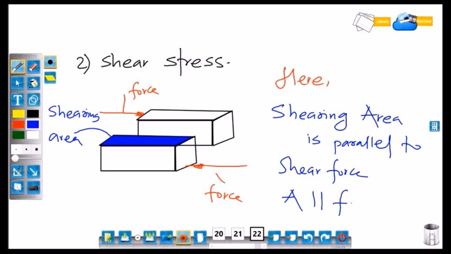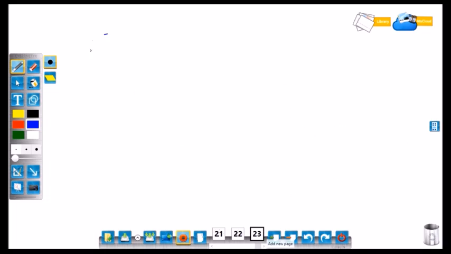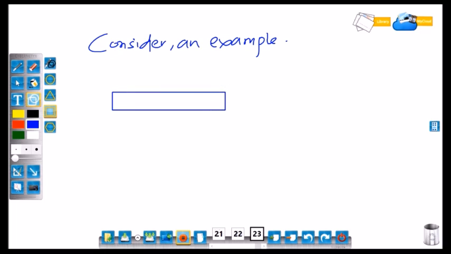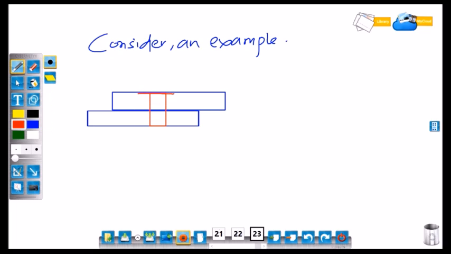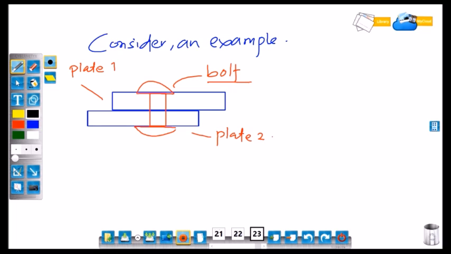Consider an example. Two plates are joined by a bolt. This is a bolt which joins two plates, and two forces, that is shear forces, are applied on the plates. What will happen?